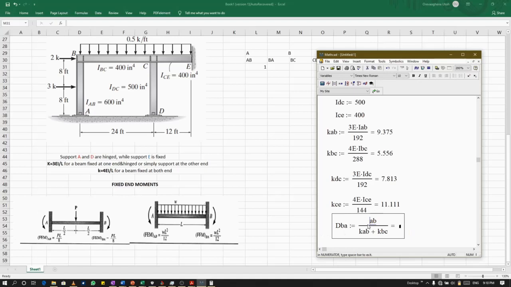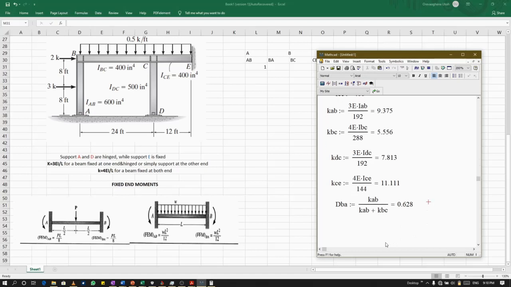Okay, we have a problem here, so let me just correct that real quick. So we have 0.628 for BA.